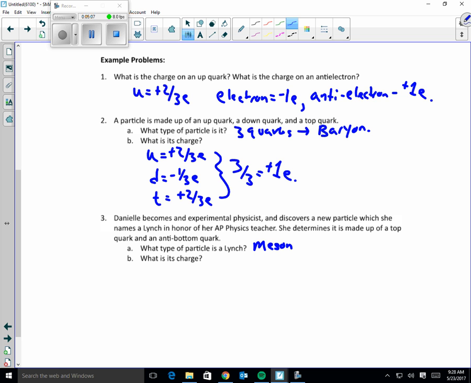Okay, we have a top quark, which is plus 2/3. And we have an anti-bottom. To denote an anti, put a line over the top of it. A regular bottom is minus 1/3. This is going to be plus 1/3. And if I add those together, I get, again, a whole number, plus 1e for the charge.